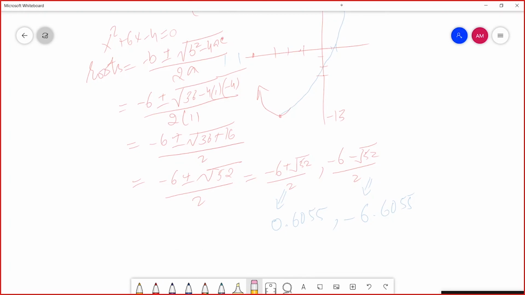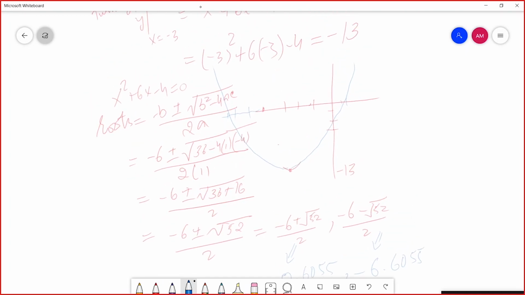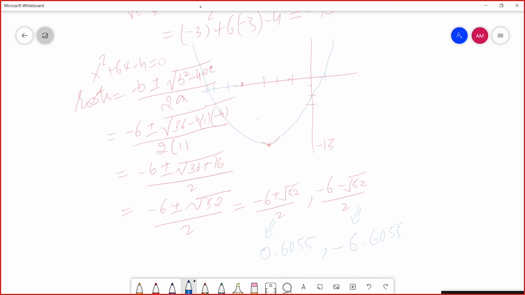Previously we did not have this information, so it would go something like this. Do you understand this? We found these two points, and we can also find this other point.